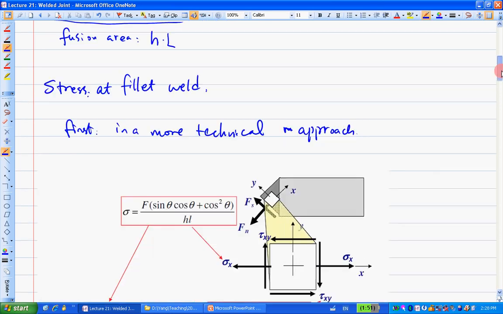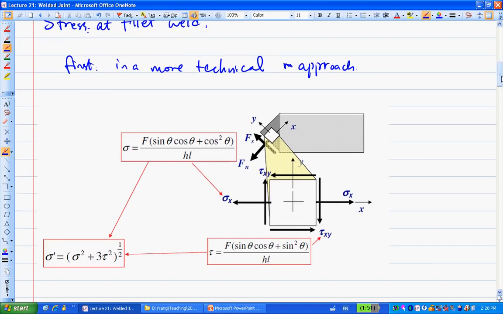Actually, we're not going to use this approach, it's just kind of an illustration. So let's say I have basically this kind of structure. We have three plates, and then we weld them together like this.